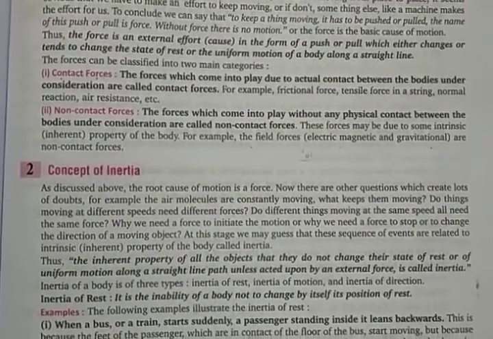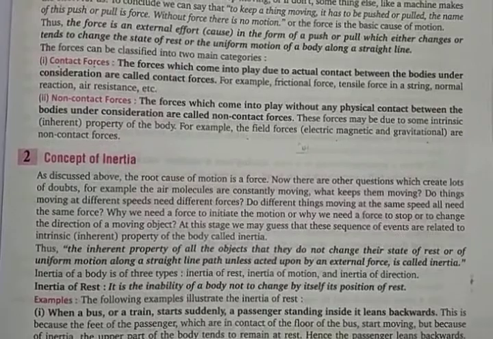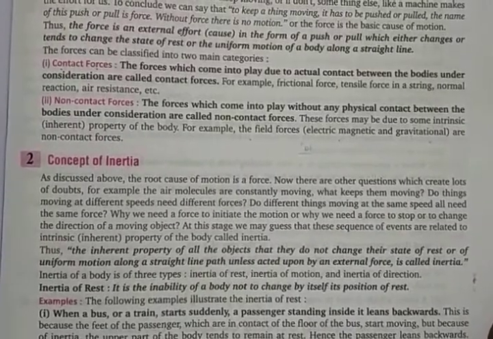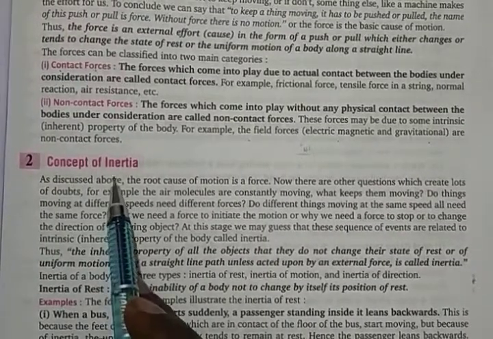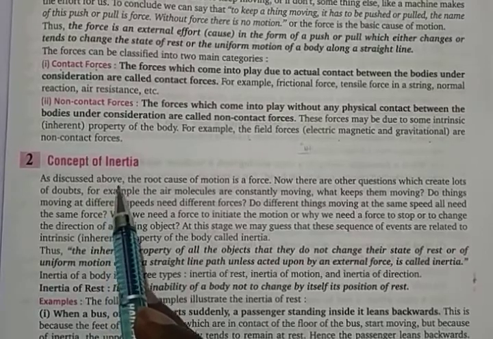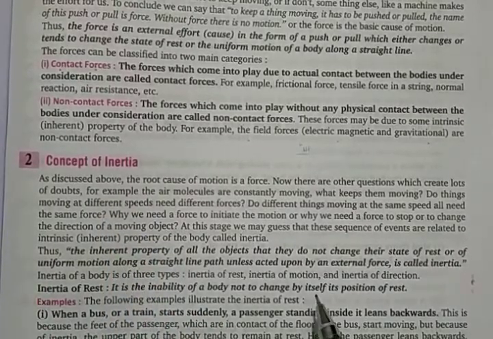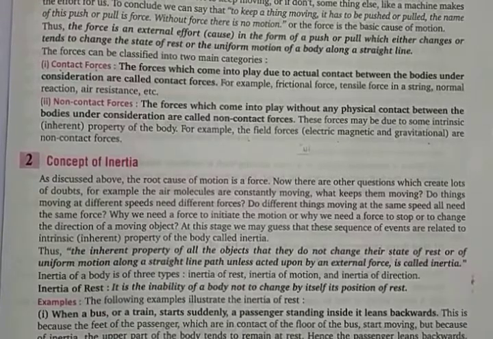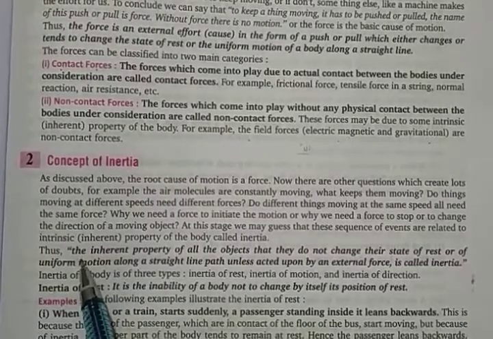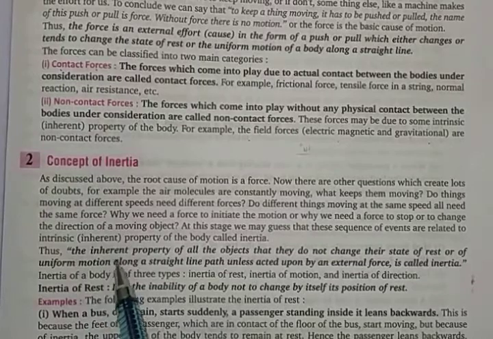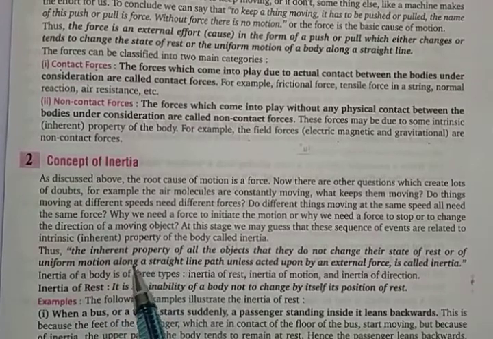The next one is the most important concept, which is called inertia. So what is inertia? You already learned this in 9th standard quite thoroughly, but it is worth repeating here. The inherent property, meaning the property by virtue.